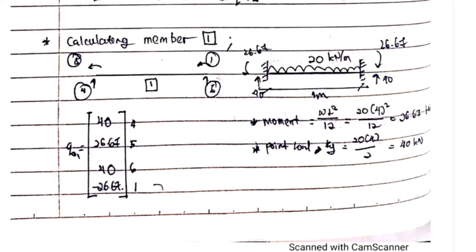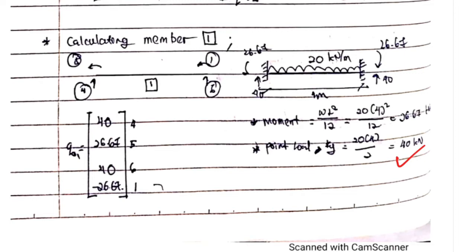Okay, we get 40, so this one is correct. And then the moment is WL squared over 12. W is 20, L is 4, over 12, it is 26.667.